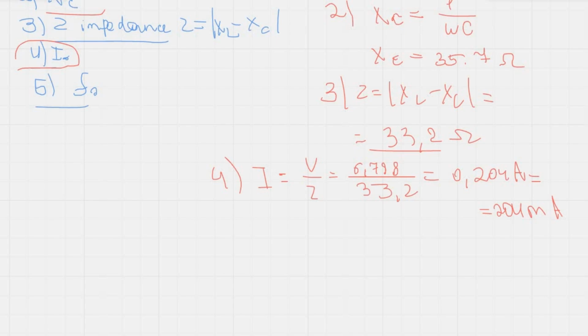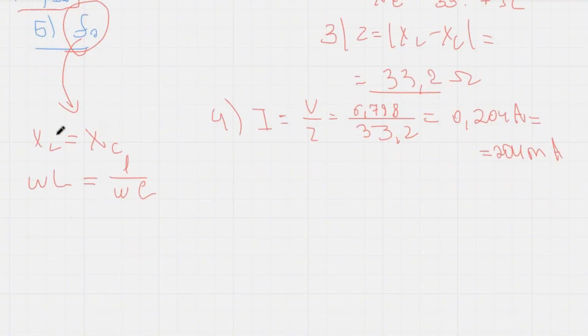Now let's move on and find the resonance frequency. So, as I said, resonance happens when our inductive reactance and the capacitive reactance are equal. Oops, no. L multiplied by, wait, it's equal to 1 over omega C. So let's calculate it.